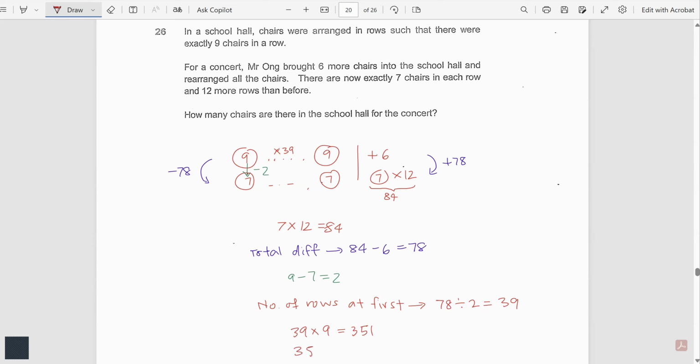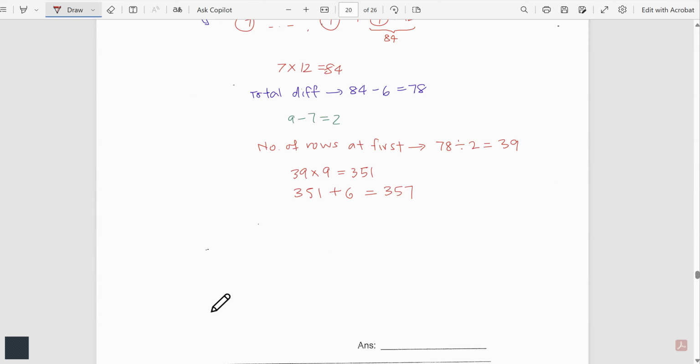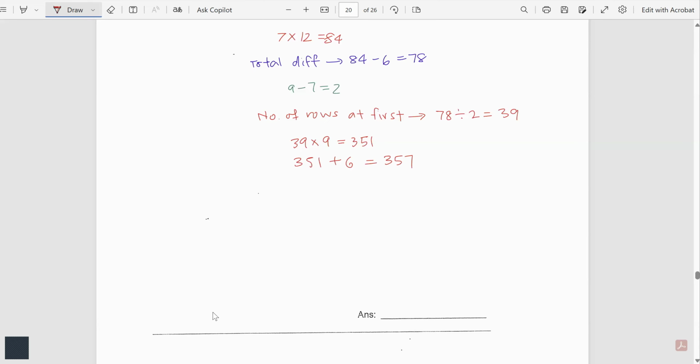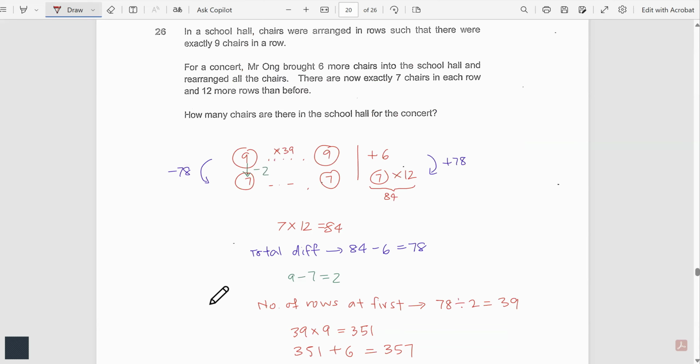Then 351 plus 6 is 357. So the answer is 357 for question 26.